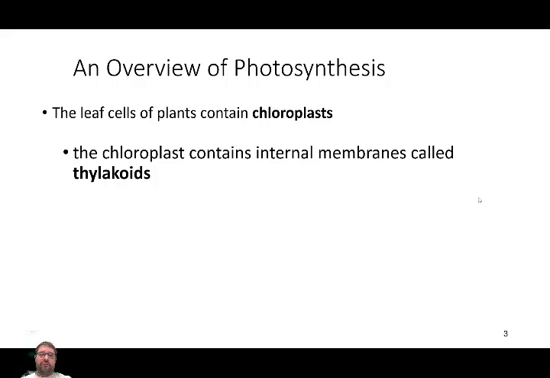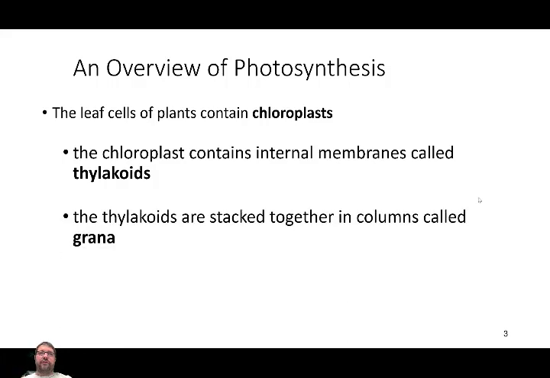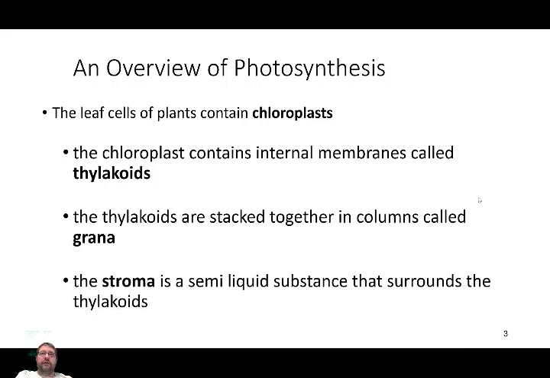We're going to cover these different pieces. If you take a bunch of thylakoid membranes and stack them together in a column, they're called the grana, or granum. And then the fluid that surrounds these thylakoid membranes is called the stroma.